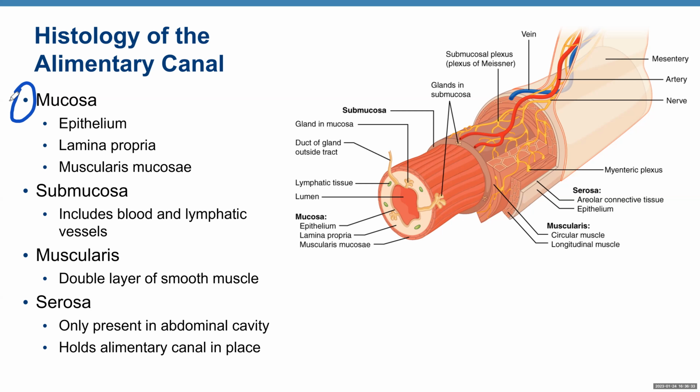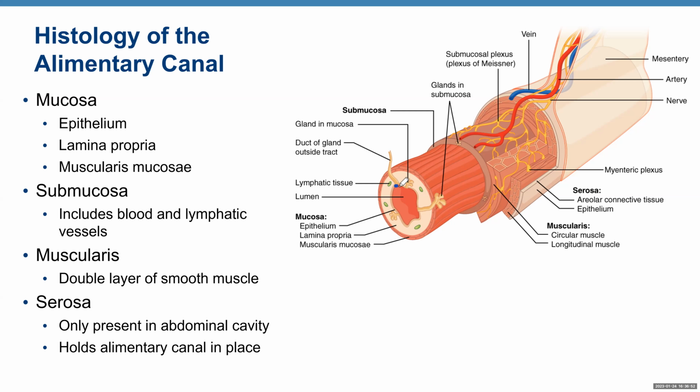First, mucosa. It's an epithelial tissue, and underneath the epithelium we have lamina propria, which is connective tissue, and we also have a small amount of smooth muscle in the muscularis mucosae layer.